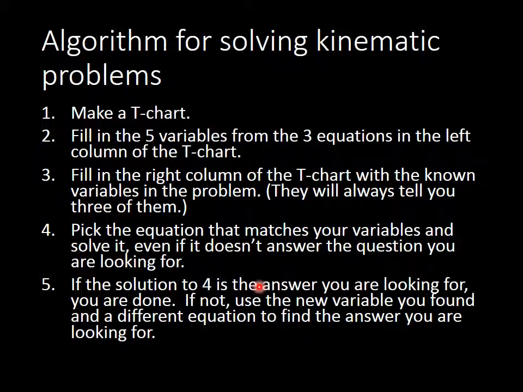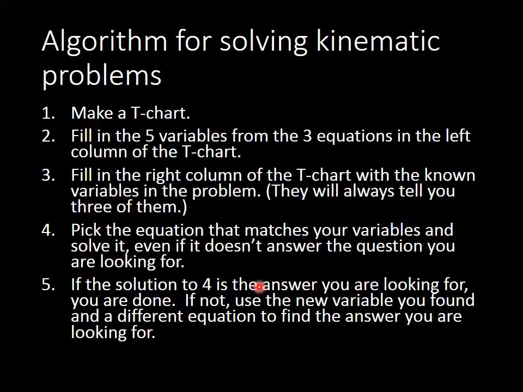So the first thing we're going to do is make a t-chart, and there are 5 variables from the 3 equations. They were the 5 variables on the right-hand side in the previous slide, and you're going to fill those 5 variables Vf, V naught, A, D, and T into the left column of the t-chart. Then you're going to look at the problem, and you're going to fill in the right column of the t-chart with the known variables in the problem.